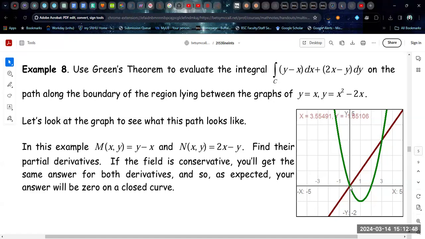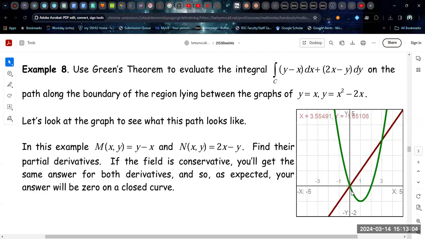line to the origin. Now, if you were to try to parameterize this, as in our previous example from the previous video, you would need to parameterize this in two segments.